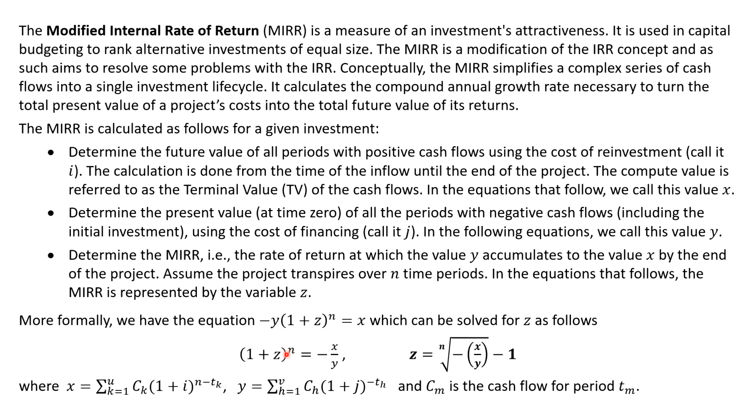You don't need to memorize the steps in deriving this. There's routines or functions that'll compute this for you. You basically need to have the net cash flows for the project, and then you need the cost of reinvesting, how much money you can make by reinvesting the positive cash flows, and how much it would cost you in terms of interest to finance the net negative cash flows.